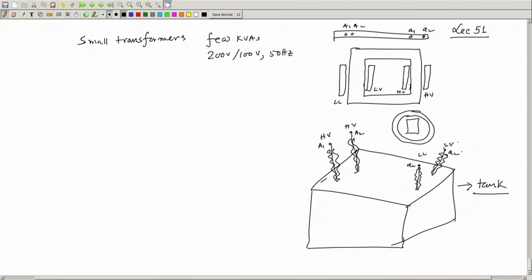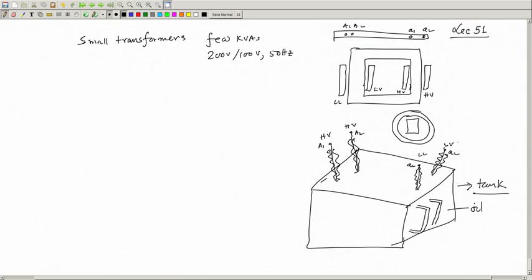Where has this come out from? The transformer essentially has a core and coils. This whole thing is within the tank, and the tank is filled with oil. Sometimes, if you look at a distribution transformer in your city, there will be some tubes around the walls of the tank.